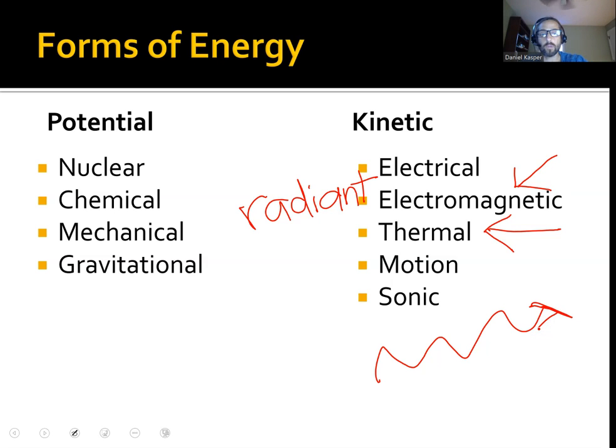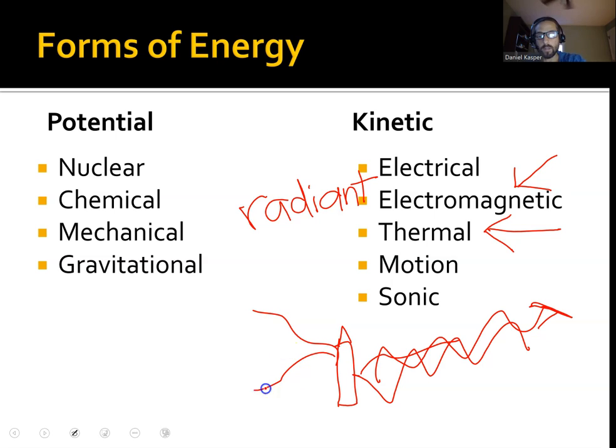I can't really draw it, but imagine waves at 90 degrees traveling, emanating out from all objects. Anything, like a little pen, is actually radiating energy in all directions. Everything around you is radiating energy all the time. So that's radiant electromagnetic.